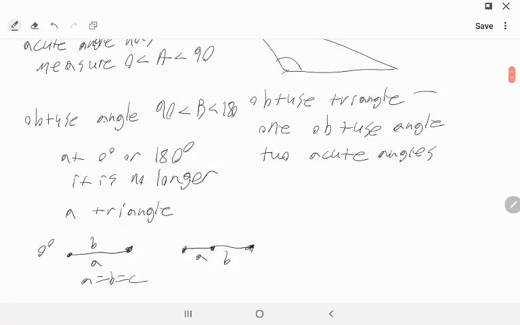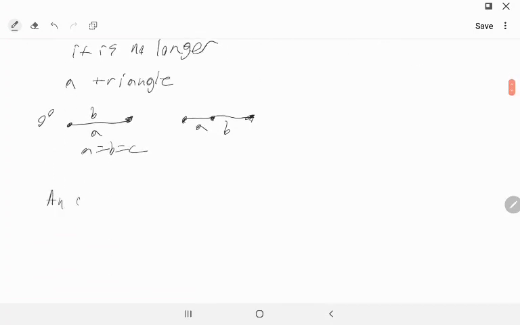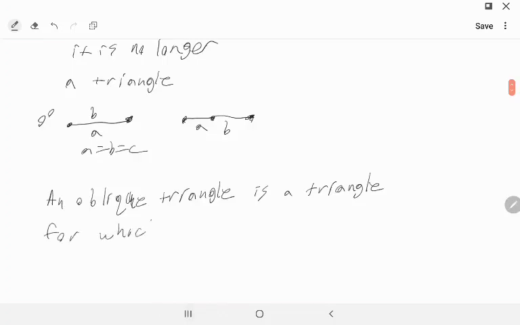So it turns out that we have this phrase, oblique triangle, which is just a triangle for which none of the angles is 90 degrees.